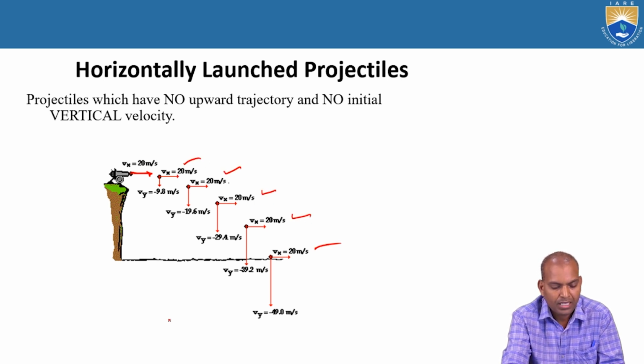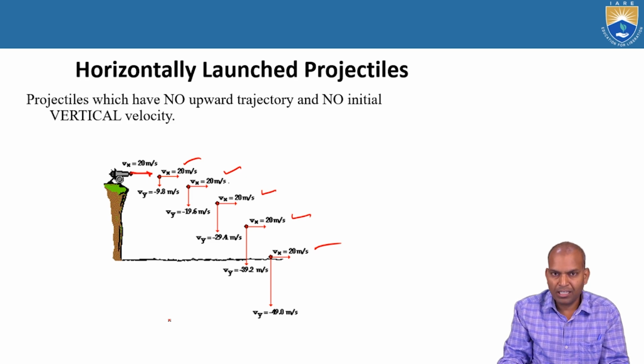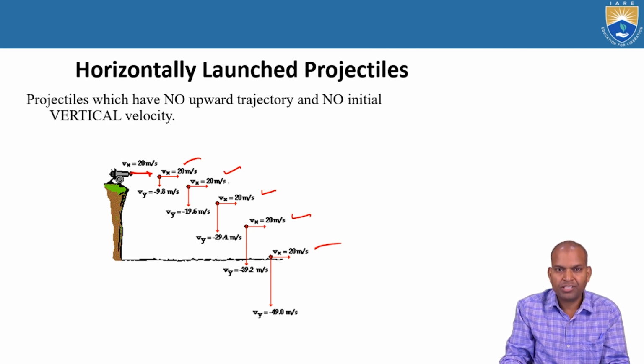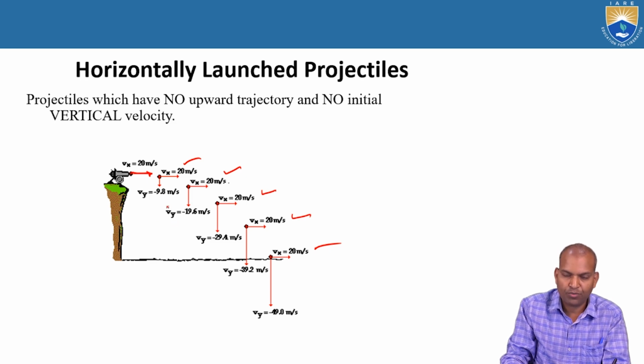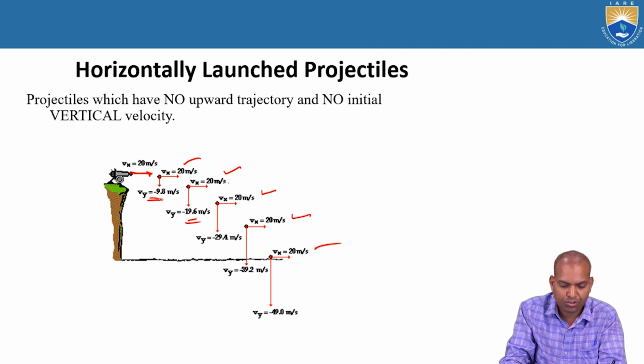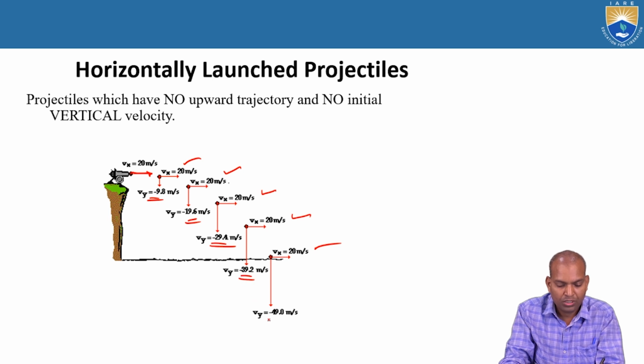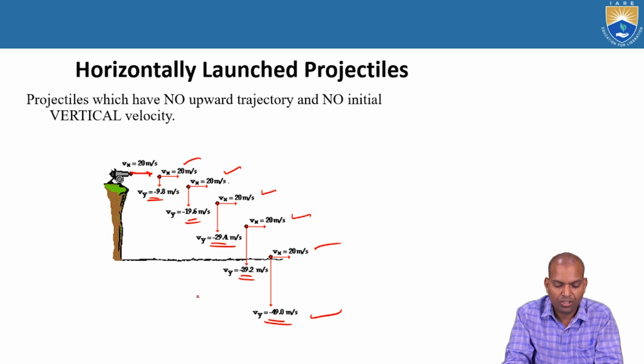Whereas the vertical component changes with the distance traveled. Vy is 9.8 meters per second, then negative 19.6, then 29.4, 39.2, and finally 49 meters per second.